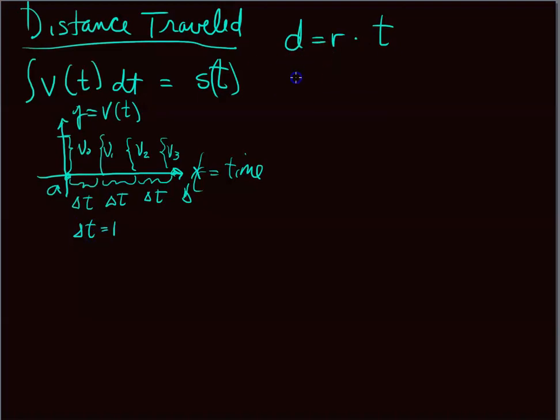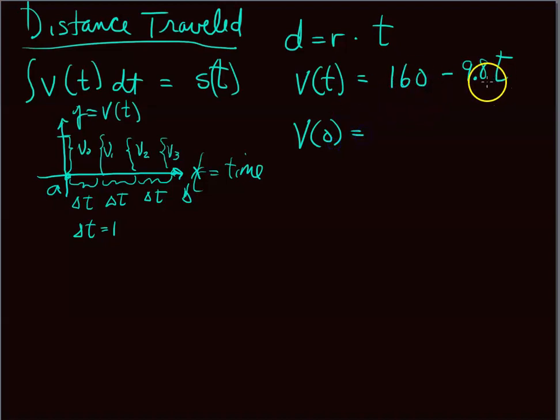Well, if our velocity function, v of t, is 160 minus 9.8t, and we'll say we're in the metric system, this velocity we know. So the initial velocity, v of 0, plug in a 0 for t, you get 160.